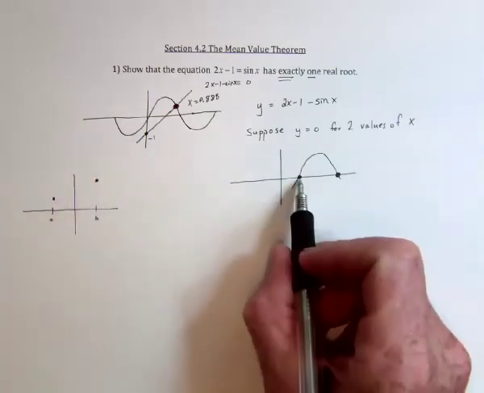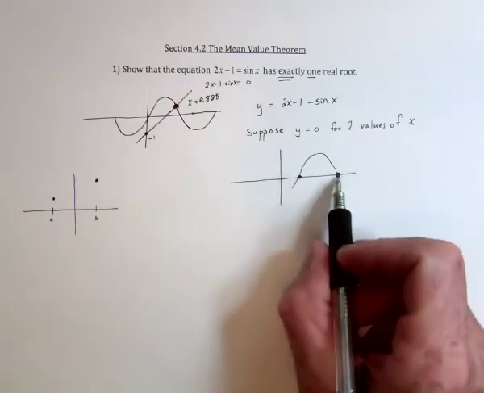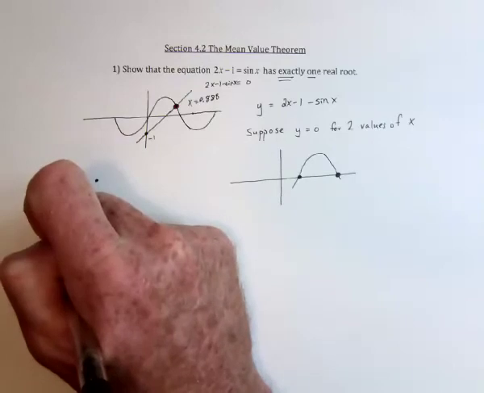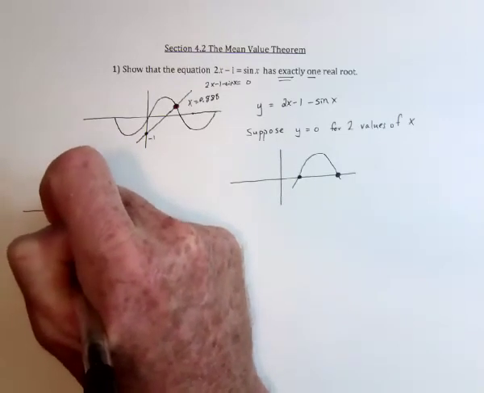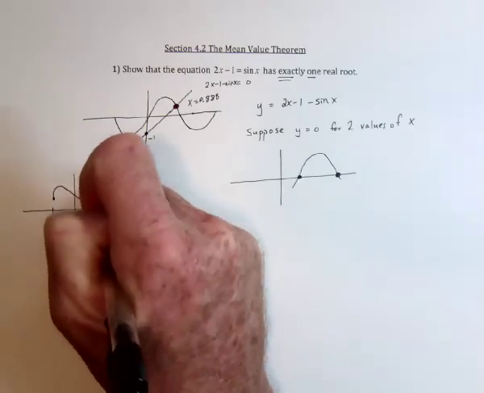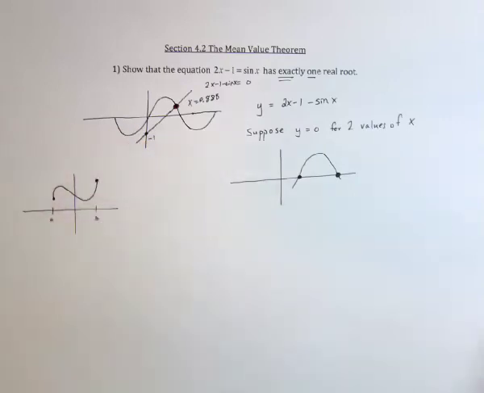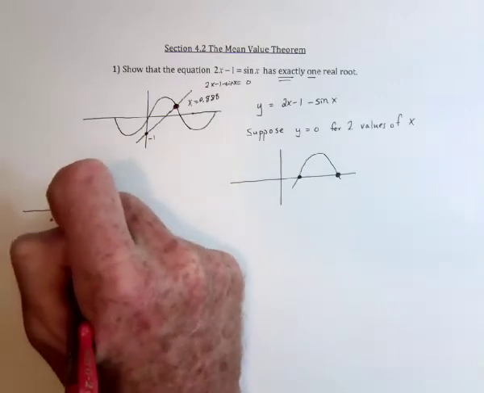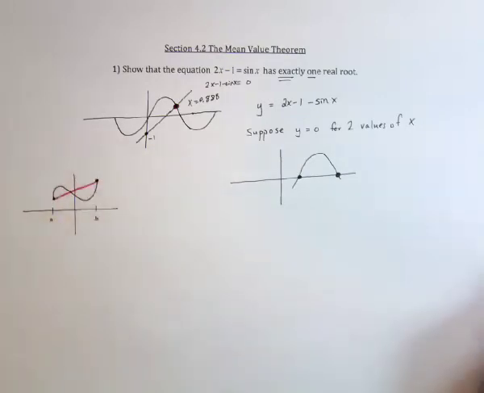This is just a special case where the height is 0 and the height is 0. But the general mean value theorem says, suppose it's a continuous function, so no gaps or jumps or holes or asymptotes, just a nicely behaved function. Then if you take the slope as you go straight from a to b, that's just algebra, rise over run, find the slope of that red line.